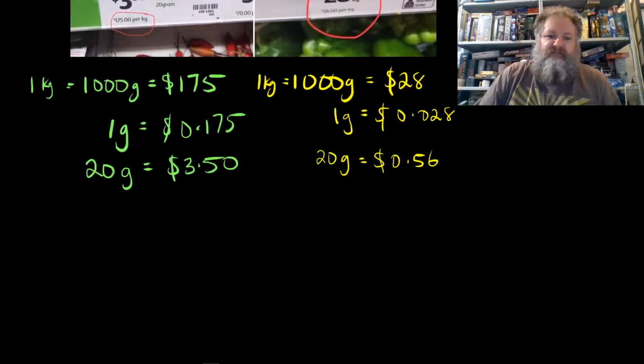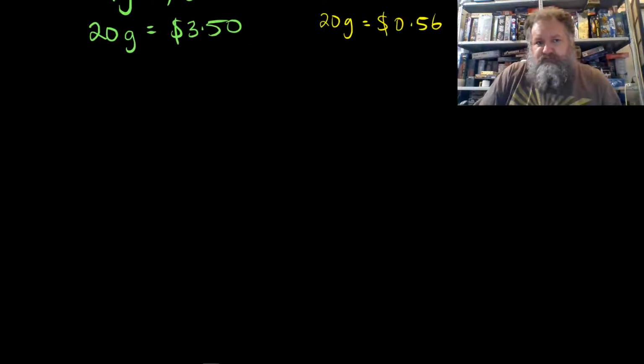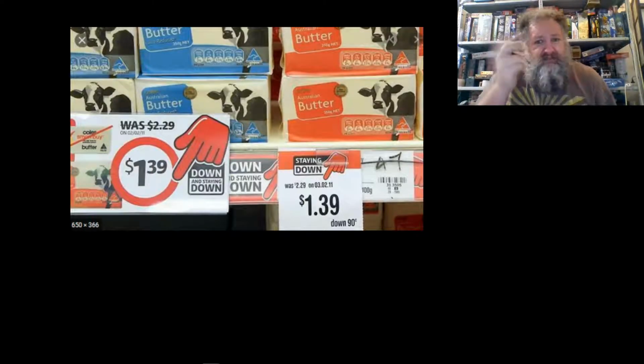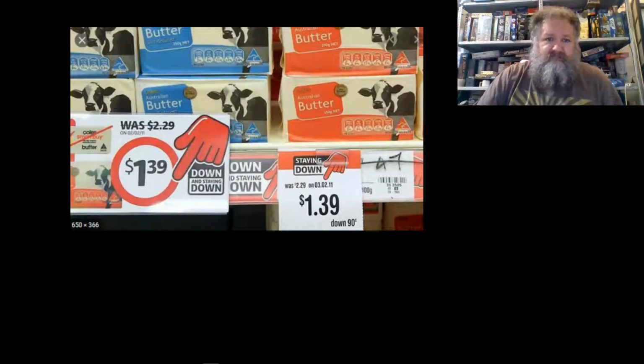Let's have an example. I found this picture, which according to the legislation is actually kind of illegal. Butter. We've got some butter here. We've got unsalted butter, salted butter, doesn't matter. But what we have is the price. Here they've very big and clear represented the price. It was $2.29 and now it's $1.39.